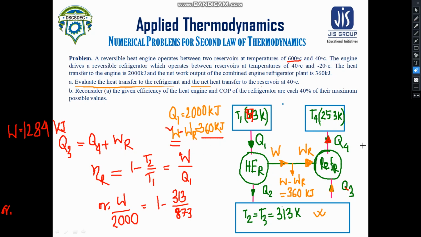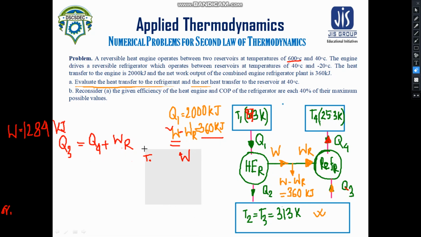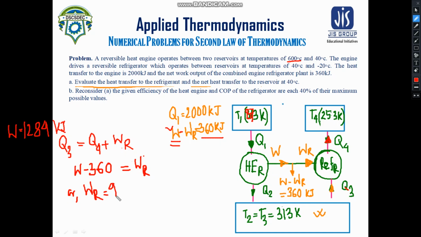So now you can easily find the value of WR. Simply, if you subtract, W minus 360 will be WR, and you will find this WR as 924 kilojoules.